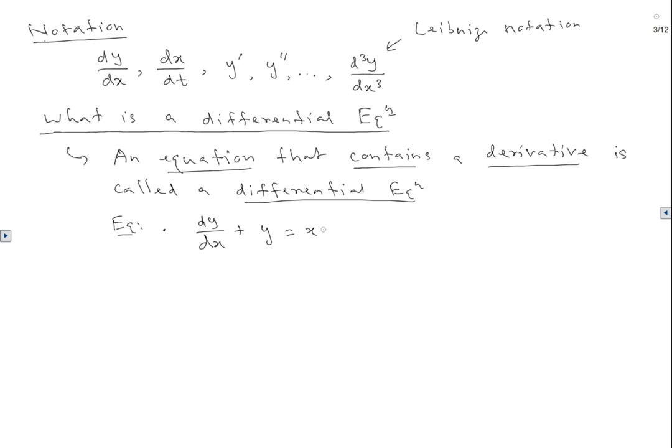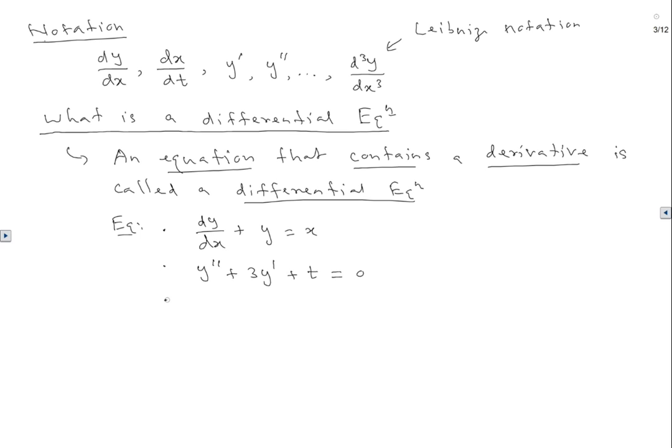You should see the equal sign and you should see some kind of derivative. And how about this one? y double prime, the second derivative, plus 3y prime plus the independent variable equal 0. You can see it's an equation, it has some derivative, so it is a differential equation.